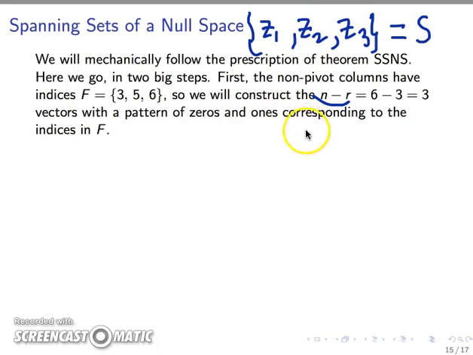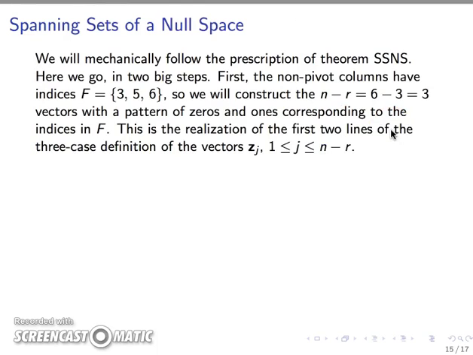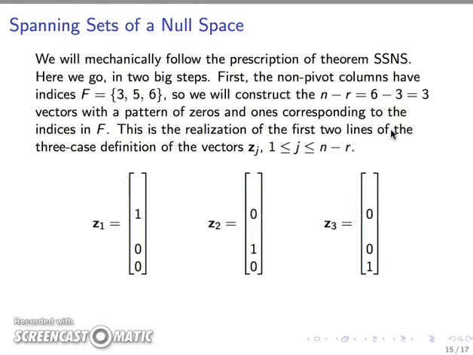Each vector z sub j is an element of C^n, and here n is 6, so each of these vectors is a member of C6. That means each vector z sub j has 6 elements, 6 locations, right? So there are 3 of such vectors, indicated here as z1, z2, and z3.